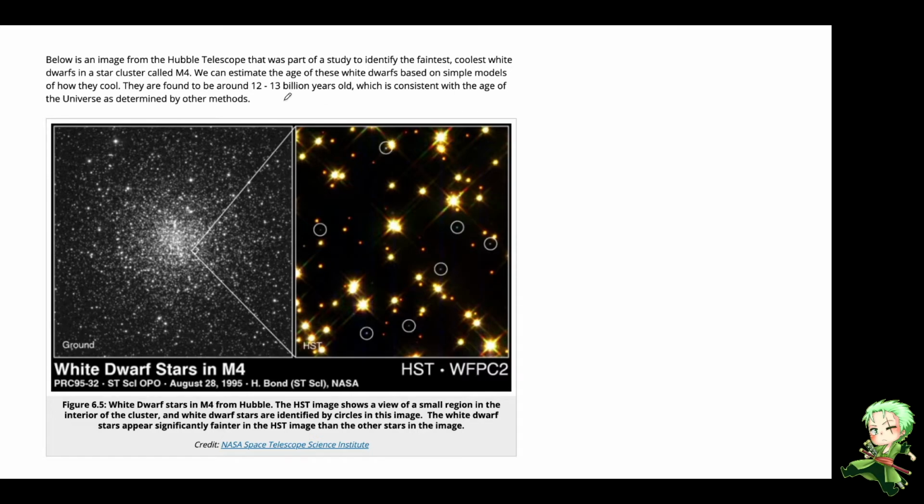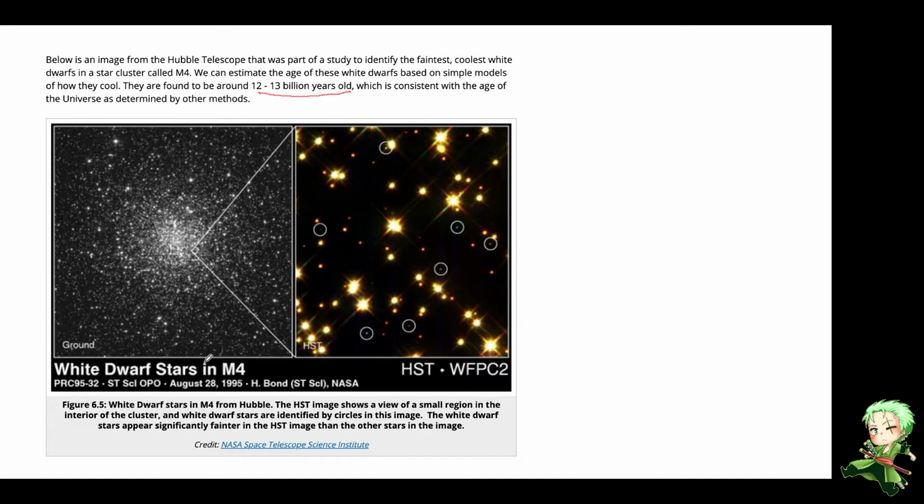If you found this to be 15 billion years old, meaning it exceeds the age of the universe, then there must be something wrong in either of the models, because it would mean it existed before the Big Bang. So this is a good thing, that this fits the current estimate of the age of the universe. At least our models are in agreement. So that is M4.